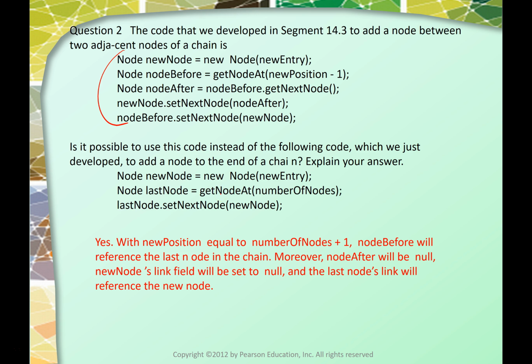If the get node at method works properly, it's going to give you the reference to the last node of the chain, and node after is going to be null if node before is the last node. So you're setting the next node to null if you're at the last node, and then node before gets assigned the new node. So that will actually work okay for both situations.